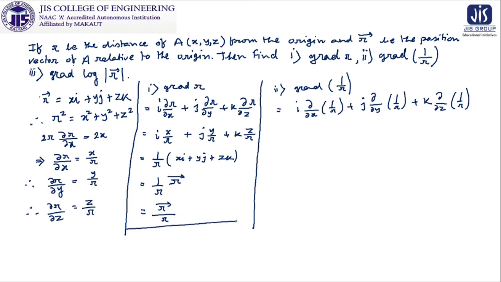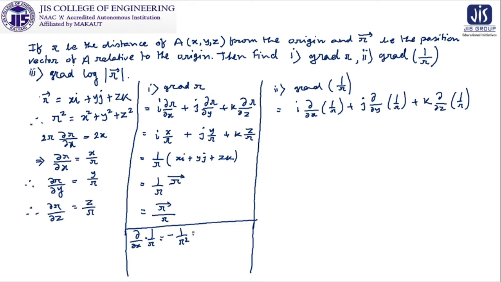Let me calculate it here as supporting calculation. Del del x of 1 by r, we can write as del r del x times del del r of 1 by r, according to the chain rule. 1 by r differentiated with respect to r gives minus 1 by r square, because it is r to the power minus 1, so it will be minus 1, r to the power minus 1 minus 1, that is r to the power minus 2.